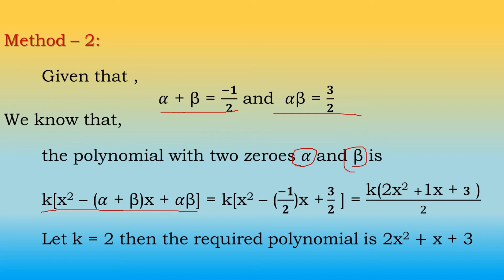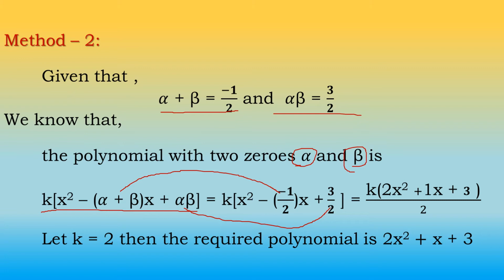Now k into x square minus alpha plus beta. The value of alpha plus beta is given as how much? Minus 1 by 2, into x. Alpha into beta, the product of zeros, is given as how much? 3 by 2. Here by taking LCM as 2, when we simplify, we get k into 2x square plus 1x plus 3 by 2.